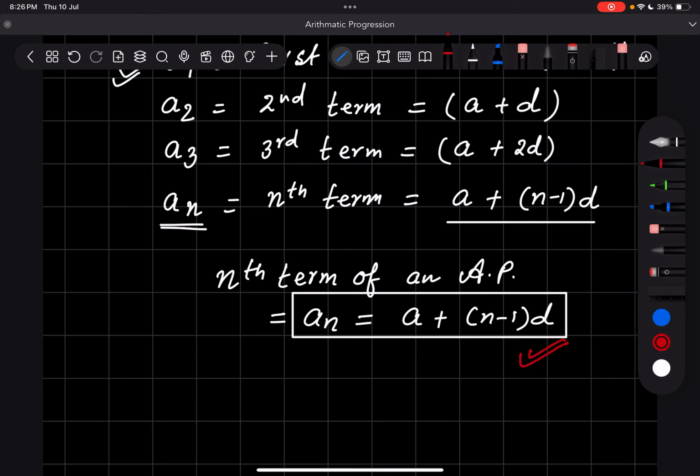So we have successfully derived the equation that can help us reach the nth term value of an AP.